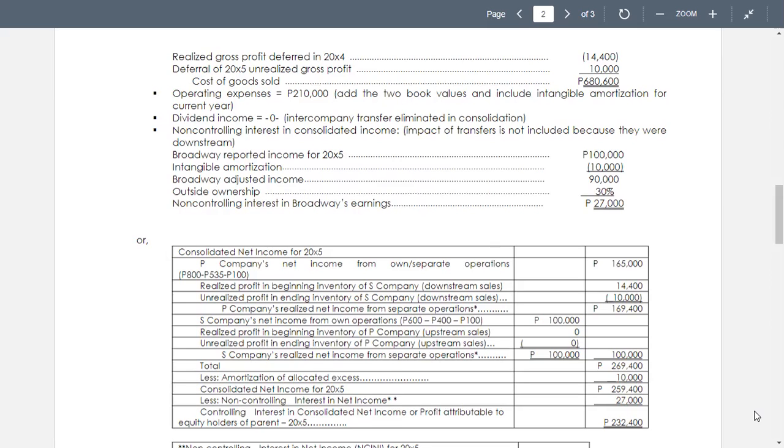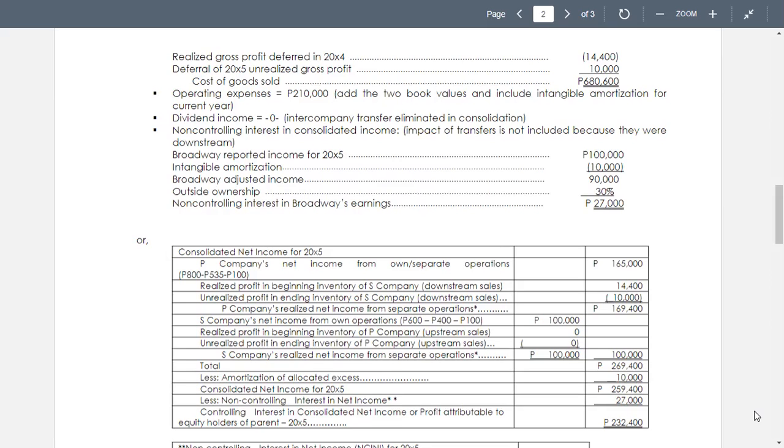Then we add the realized profit in the beginning inventory of S company. So the realized profit in the beginning inventory of S company is equal to 14,400. BB sold BW inventory costing 72,000.